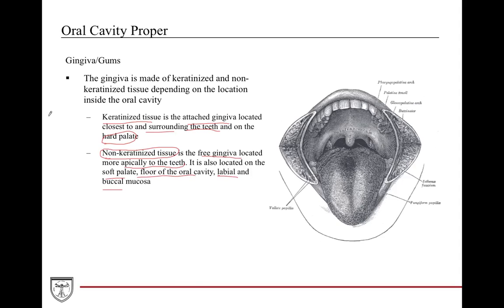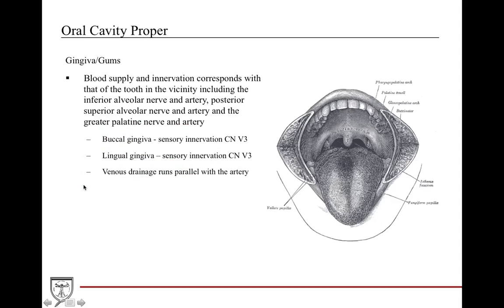I think of the keratinized ones as by the teeth, and the non-keratinized ones as not near the teeth. That's pretty much how I figured it out. Other than that, there's probably not much more you need to know about this. For the gingiva, the blood supply and innervation correspond with the tooth that's in close proximity, and that's pretty much all you need to know.